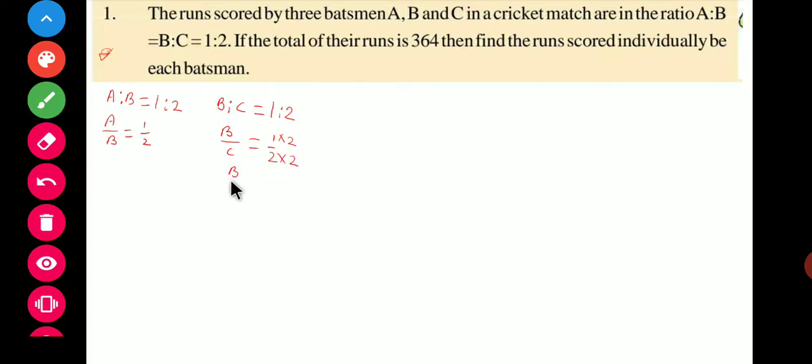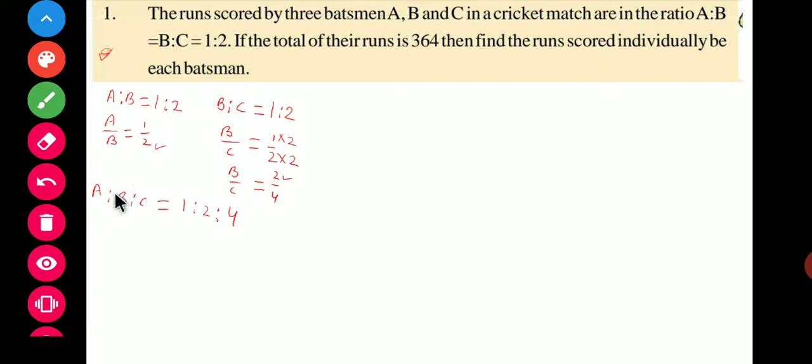So B upon C is equal to 2 upon 4. Now B is the same, this B is 2 here and this B is also 2. So we conclude that A : B : C is 1 : 2 : 4.